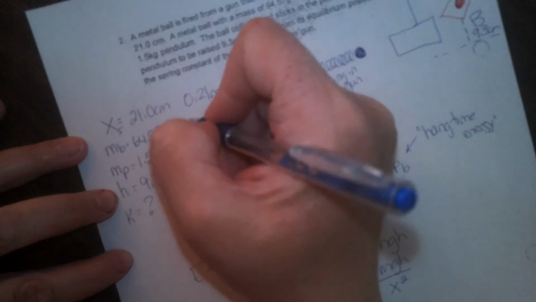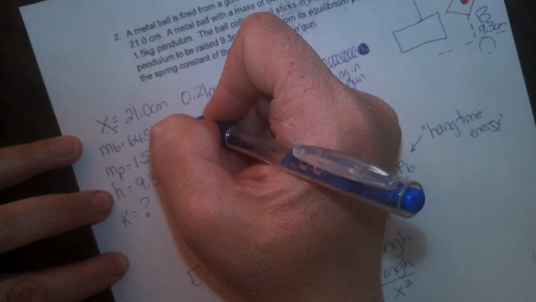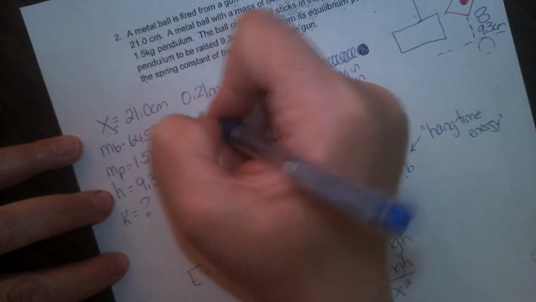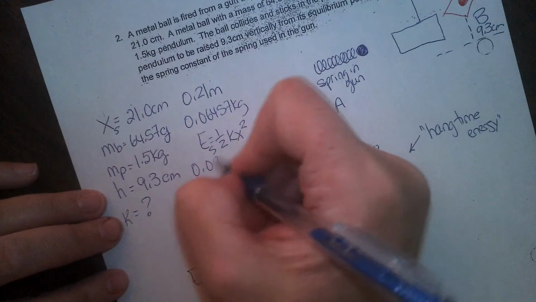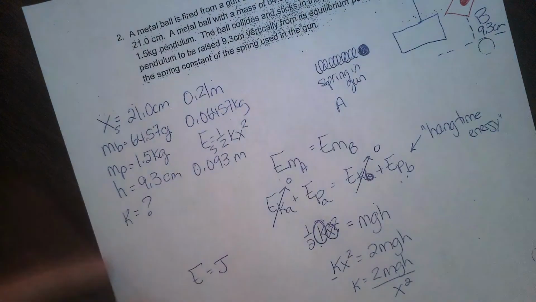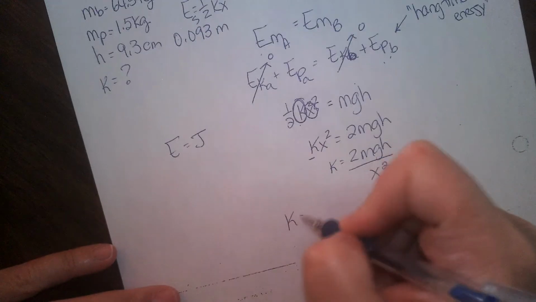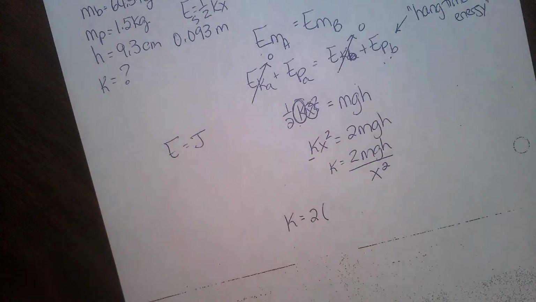This becomes, how do we go from grams to kilograms? Divide by 1,000, so 0.06457 kilograms. This becomes 0.093 meters. Okay? So then we can say that k is 2 times which mass?